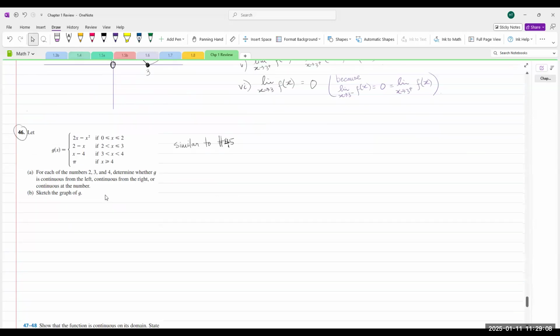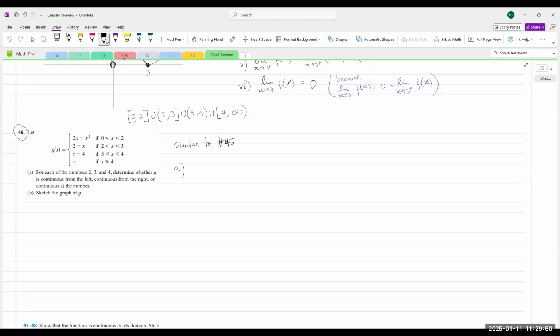For each number 2, 3, 4, determine if it is continuous from the left, continuous from the right, and continuous at that number. So what you need to do for part A, you need to check at each of the endpoints here. Notice that the domain is from 0 to 2, including 2, union from 2 to 3, including 3, union not including 3 up to not including 4, union from 4 to infinity.